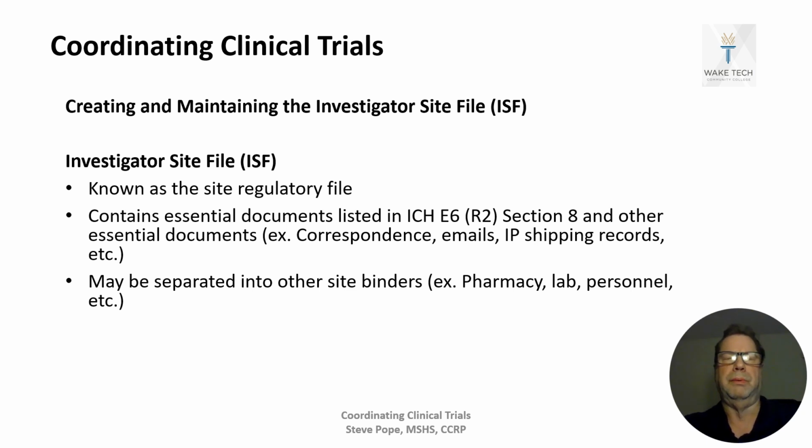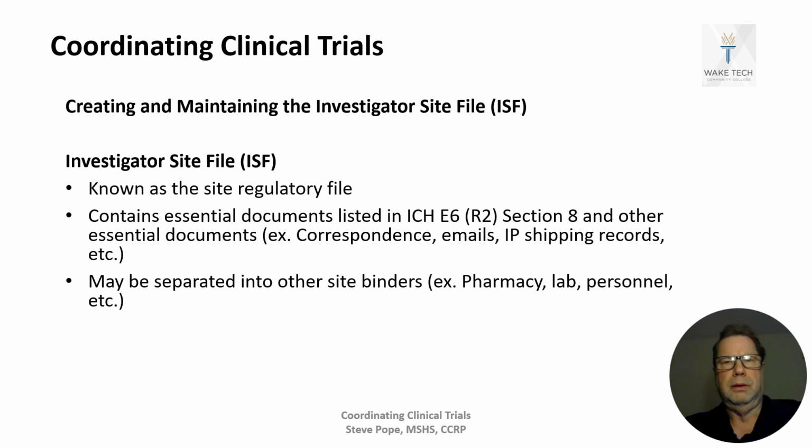Also, you're probably going to receive one of these from the sponsor. In other words, when you get selected as a site, they're going to send you an investigator site file. You can use that one, or you can set one up yourself. It's going to have the various sections in there that are described in ICH E6, Section 8. There'll also be some other sections in there that probably are not listed in that text.